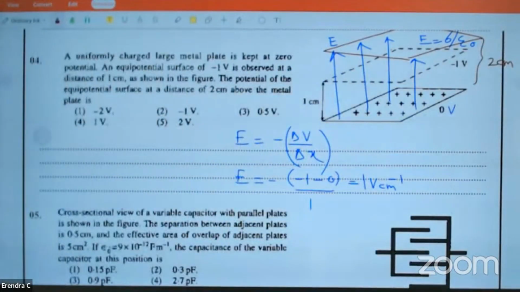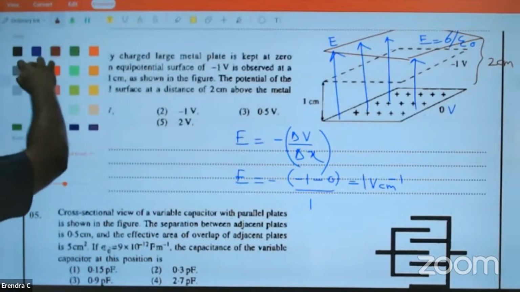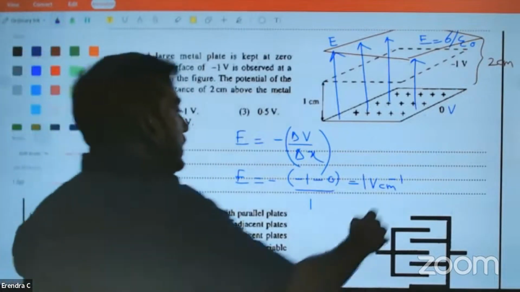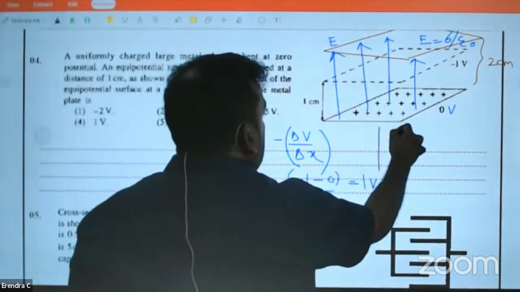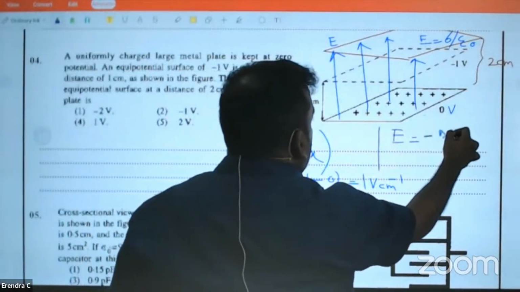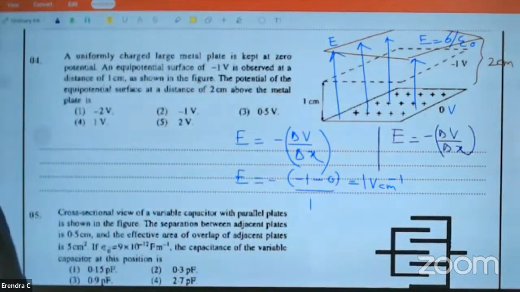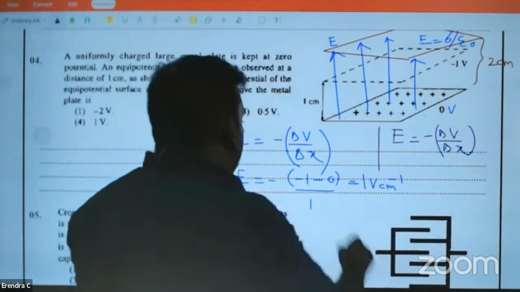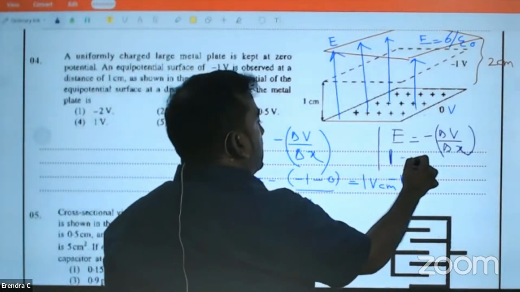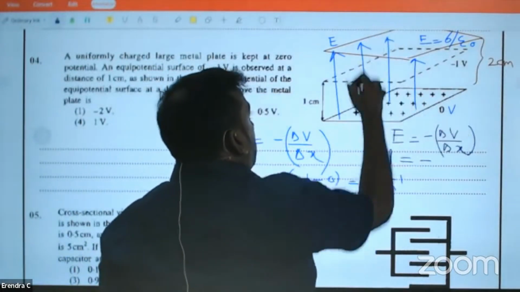So we can apply the same theorem. What's the same theorem? Very simple. Electric field strength equals negative potential gradient. Electric field strength is 1 volt per centimeter. Final minus initial.